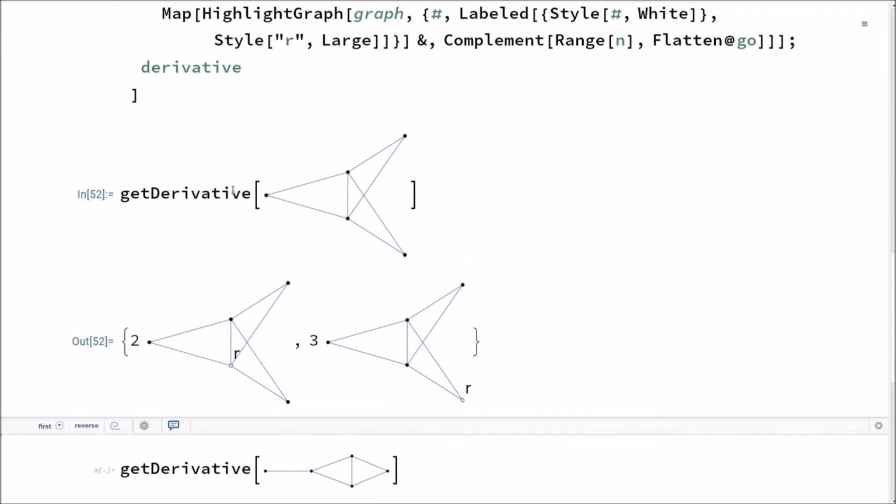So calculating the derivative of this diagram means we have to take the sum of all possible openings of black dots. So we have to open this black dot, plus this, plus this, plus this, only one each time.